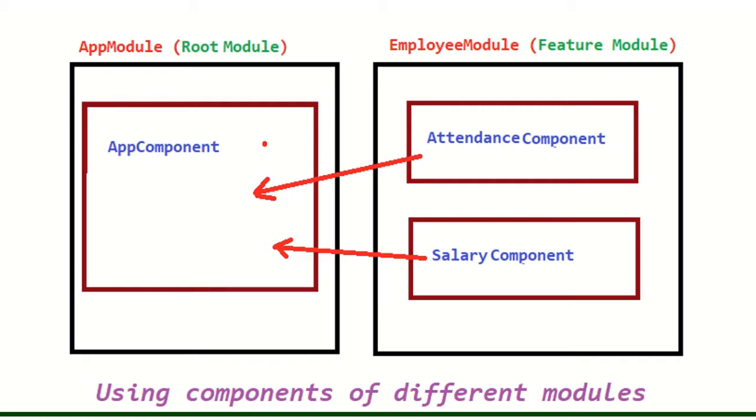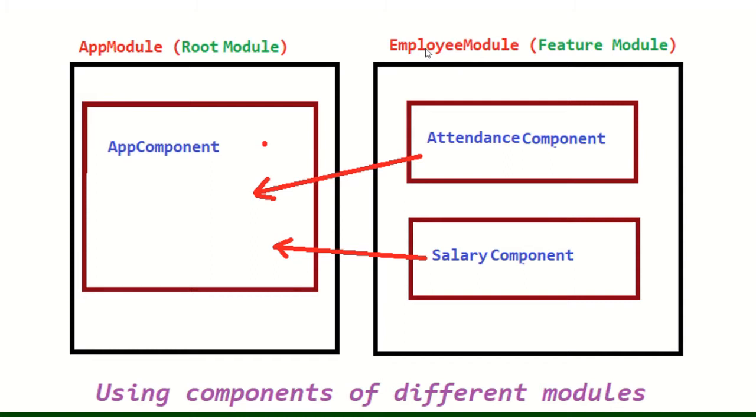So now we'll see the clear picture. See, for this, how many objects do we have? I have three components. One component belongs to the app module, and the other two components belong to the employee module.